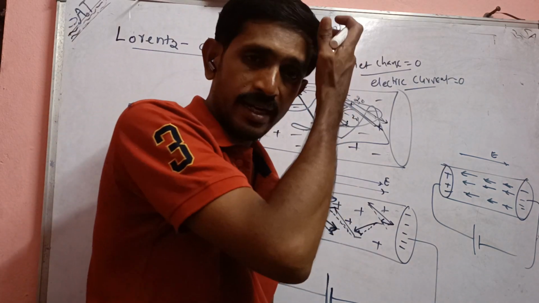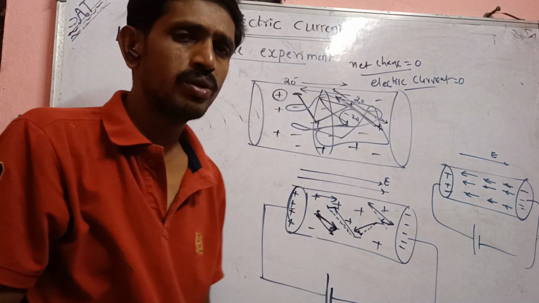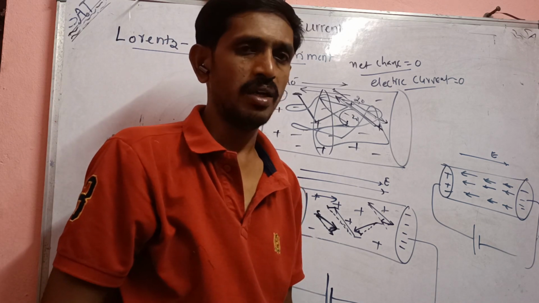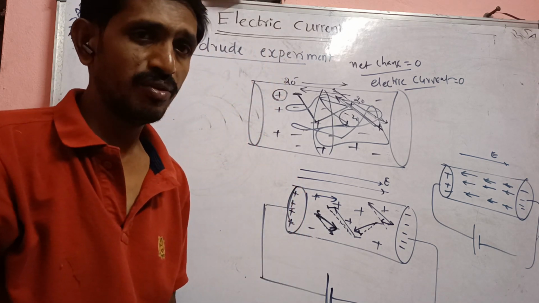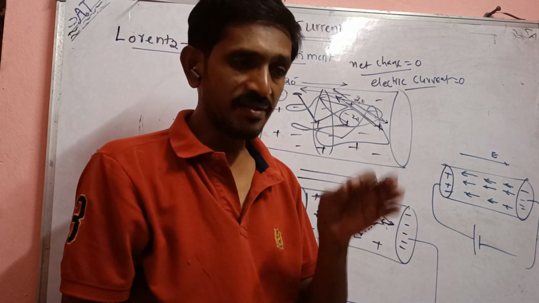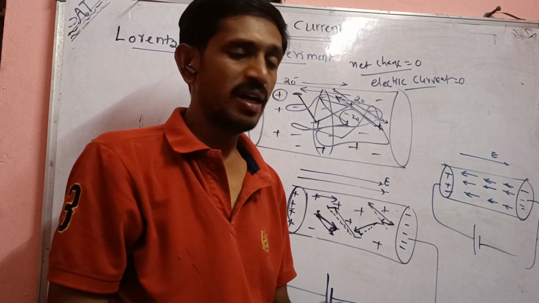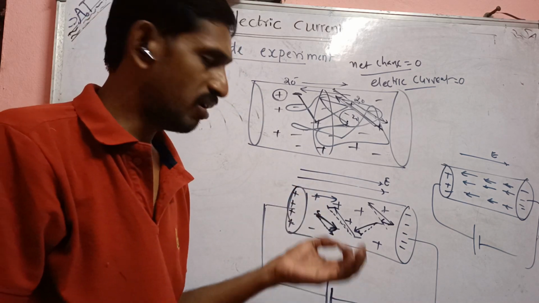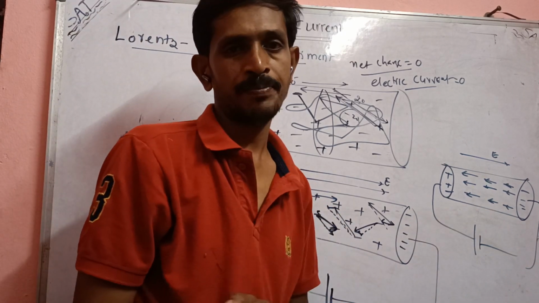Who is the root cause of electric current? Charge. Which charge? Negative charge. Who has negative charge? Electrons. But conventionally, we consider the direction of the current to be always in the direction of positive charge.